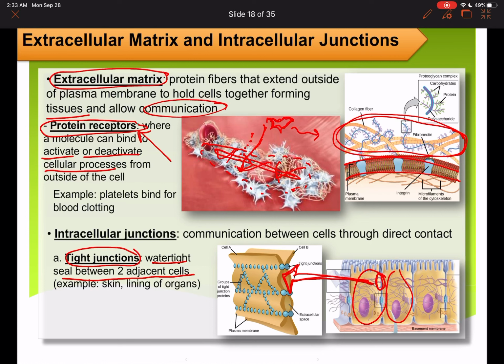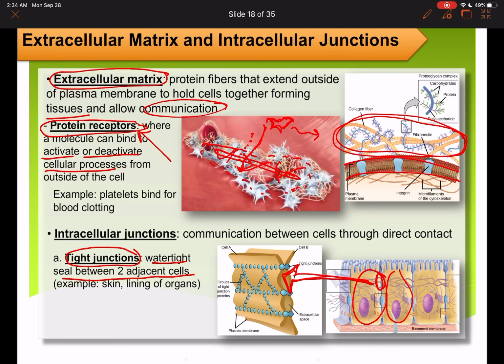For example, imagine the cells lining your stomach. Remember I mentioned that stomach acid has a very low pH of 1, a very, very acidic solution. Other places of your body do not have the natural protection against this acidic solution. Hence, if the stomach lining were made up of cells that leak fluid in between them, we'd be in trouble.